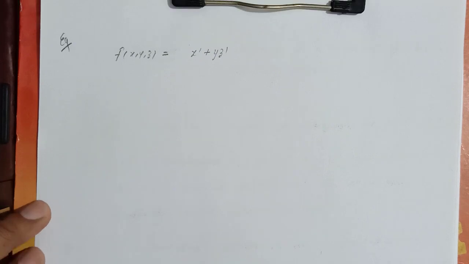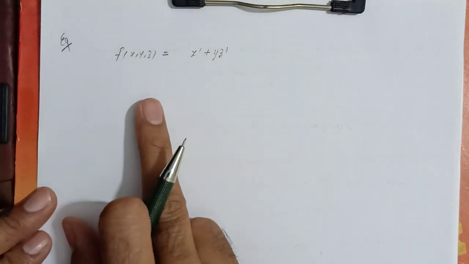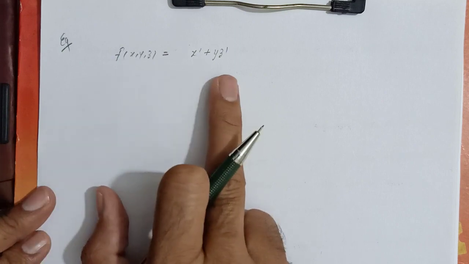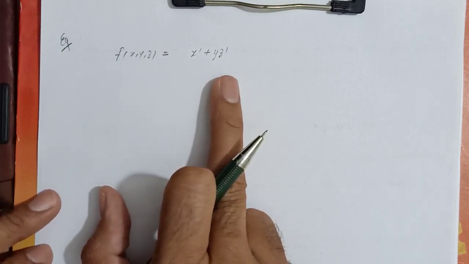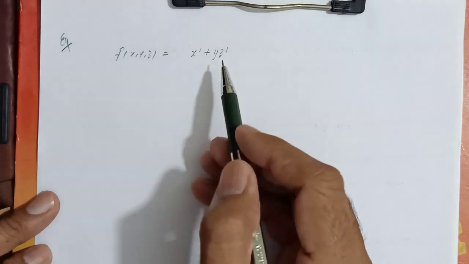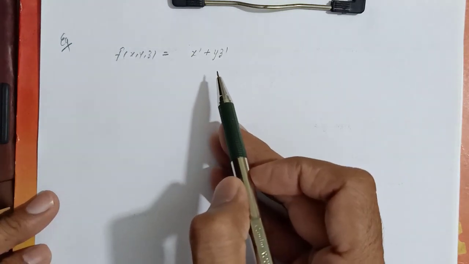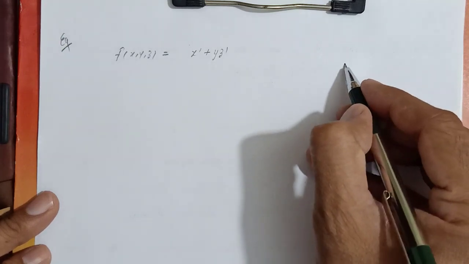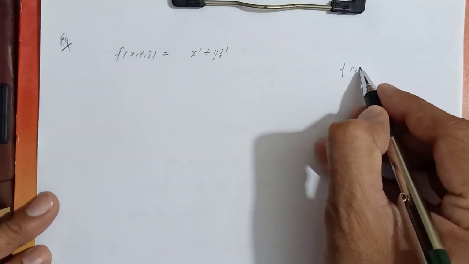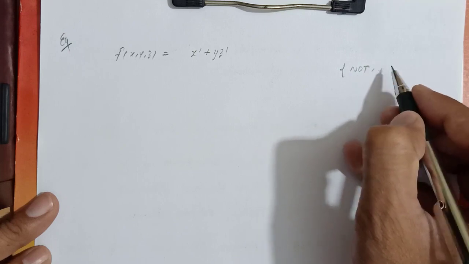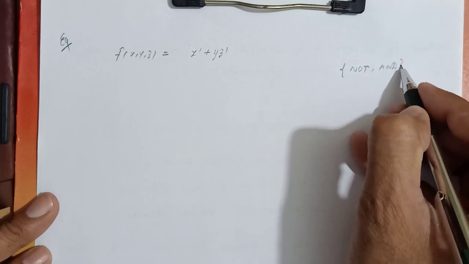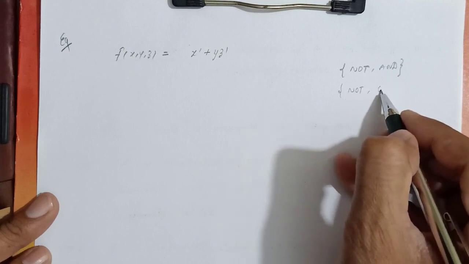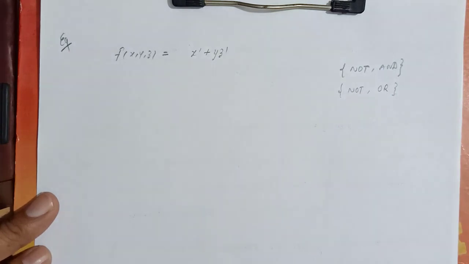Okay, so in this example we have to identify whether this operation is functionally complete or not. We already know that NOT together with AND is functionally complete, and we also know that NOT together with OR is also functionally complete.